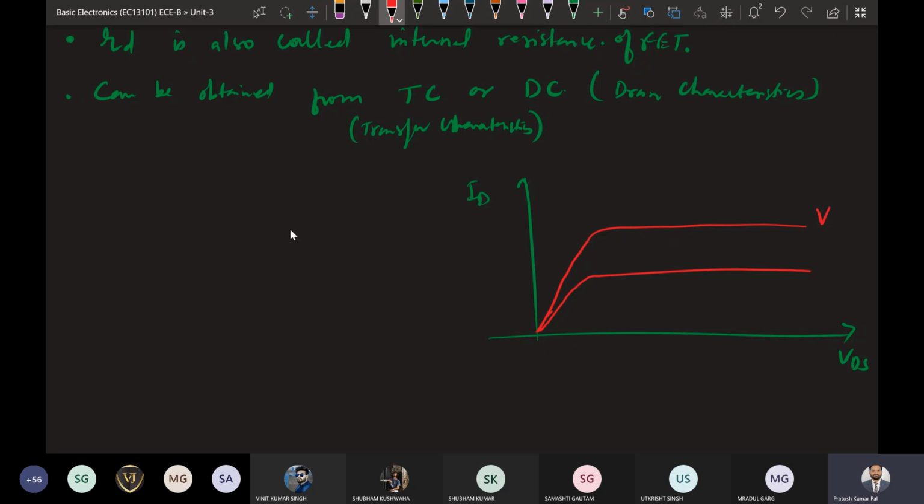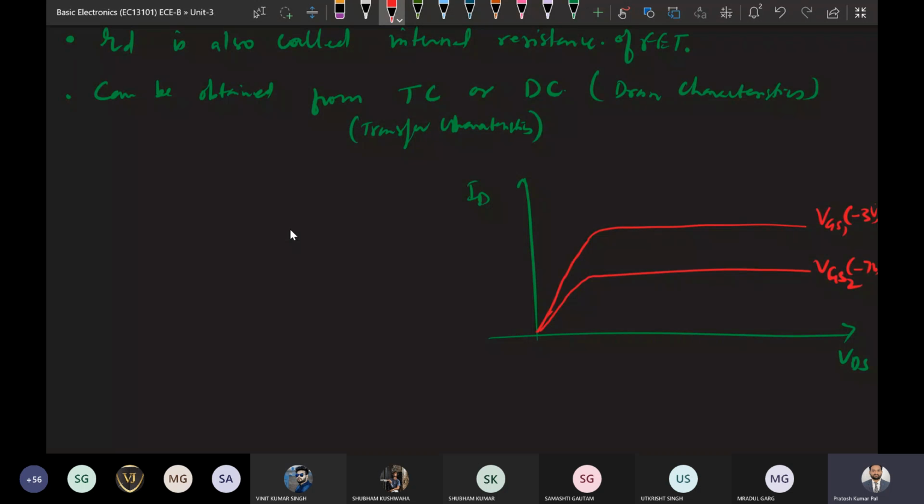So this is VGS1 and this is VGS2. VGS1 is less negative, and this one is more negative. For reference, suppose this is -3 volt and this is -7 volt. This is just for reference.